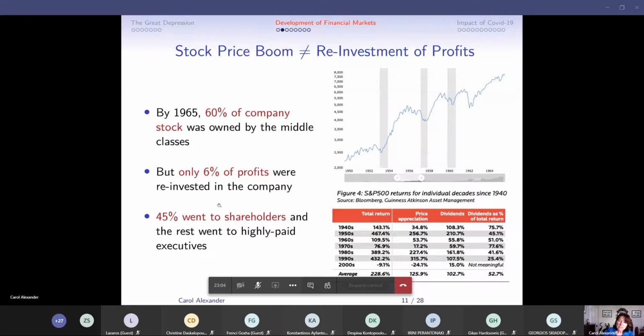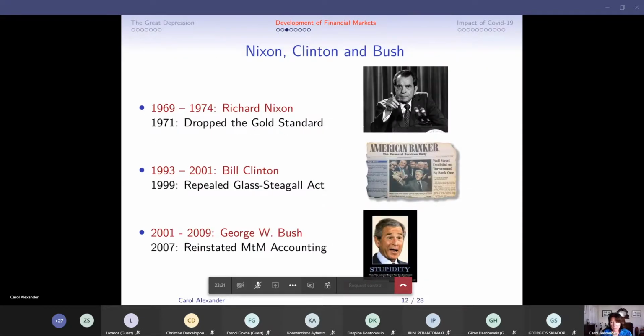Only 6% of profits were reinvested in the companies, and the rest went to very highly paid chief executives. And we now have a chief executive to ordinary worker ratio of around 300, at least in the US. It's much less in China, for example, which has a ratio of only about 120.